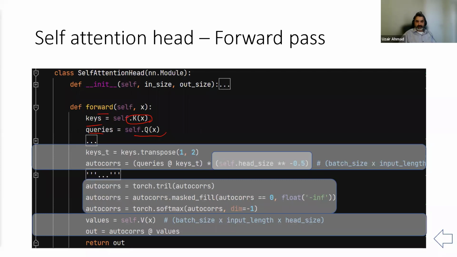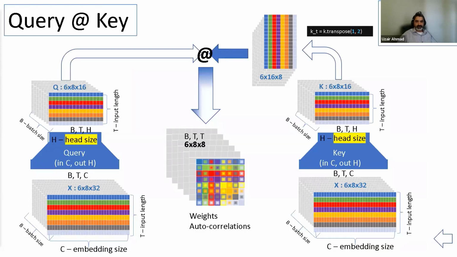And then we try to do something interesting with the outputs of K and Q networks. And that something interesting is that we first take the outputs of K and transpose it to be able to do element-wise matrix multiplication with output of queries. Pay attention. This is what is happening.